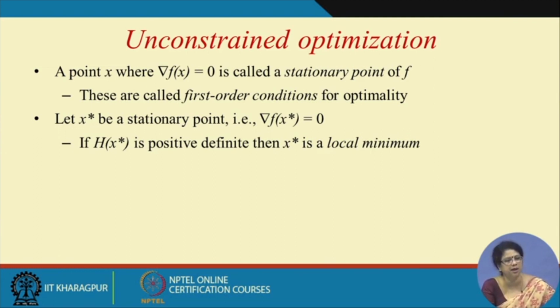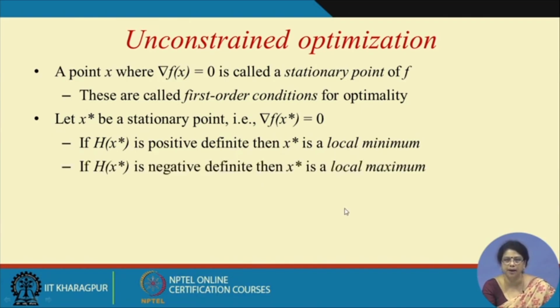So at x star, which we got from the necessary condition grad f x star equal to 0, if the Hessian matrix value at x star is positive definite, then we say local minimum.